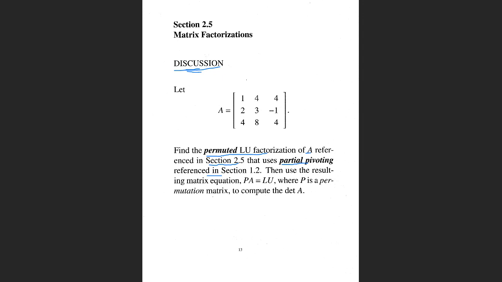That's called partial pivoting, and there's a numerical note at the end of example 3 in section 1.2. We're going to justify this, and then use the resulting matrix equation, P times A equals L times U, where P is a permutation matrix, to compute the determinant of A.